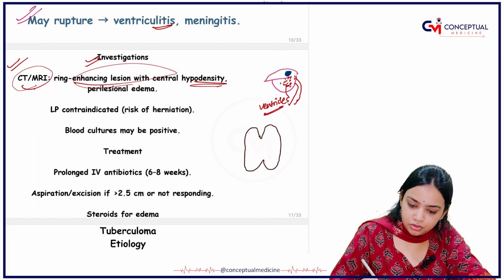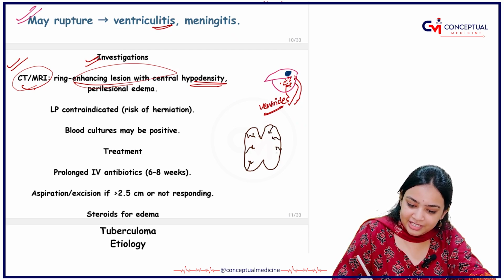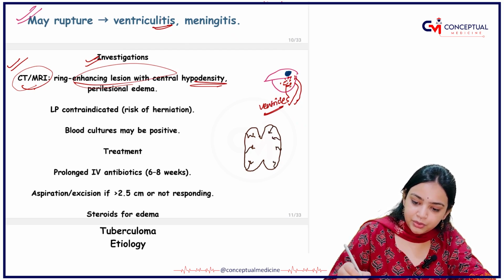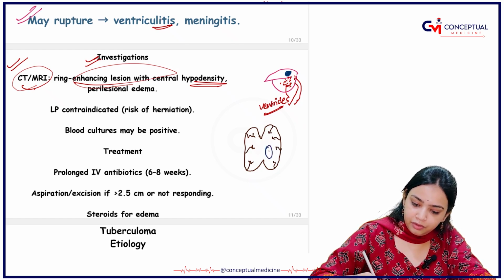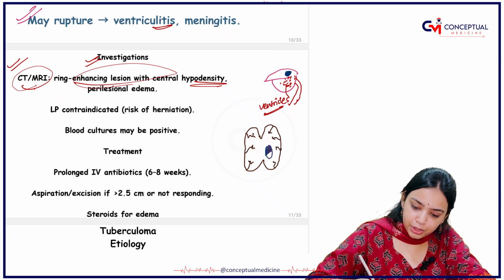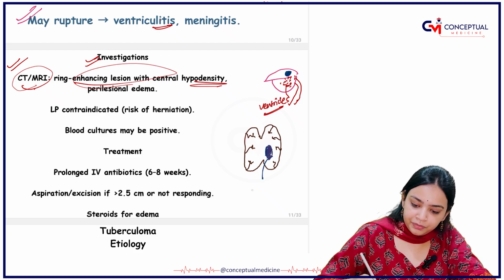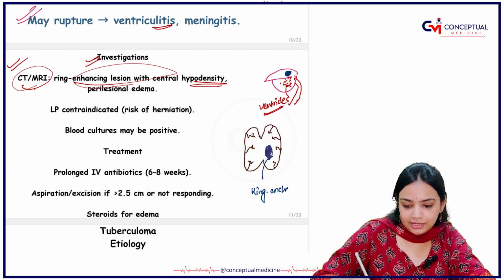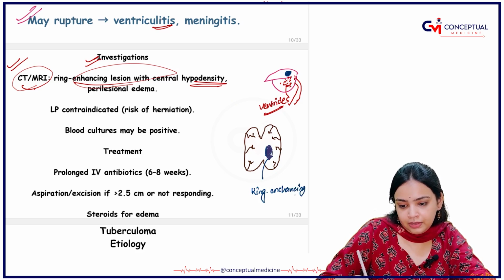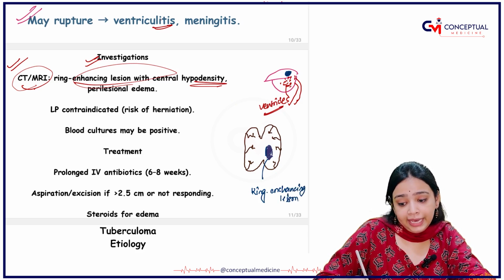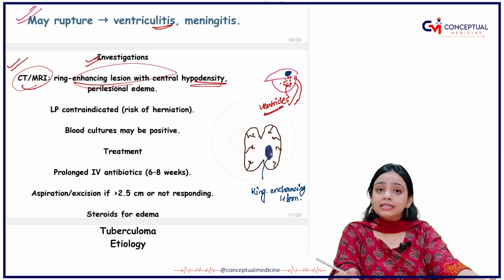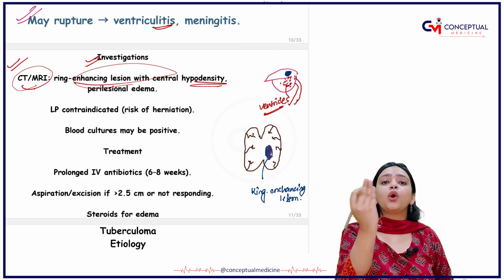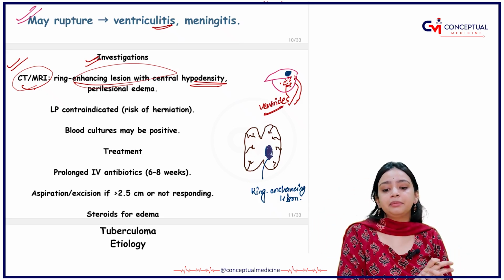Okay, I know it's not a brain, but for a while let's suppose that this is our brain. So when you do the MRI, you will be able to see a globular lesion over here. This is nothing but your ring enhancing lesion. Why are they calling it enhancing? Because there will be a lot of lighting that will be there.